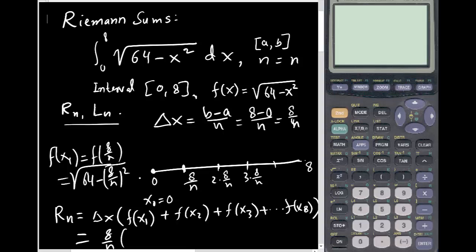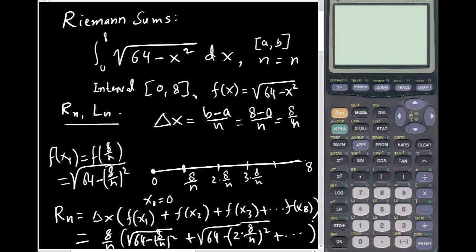So it goes like that. So that value now you plug here, you get square root of 64 minus 8 over n squared plus square root of 64 minus 2 times 8 over n squared, and you continue like that.